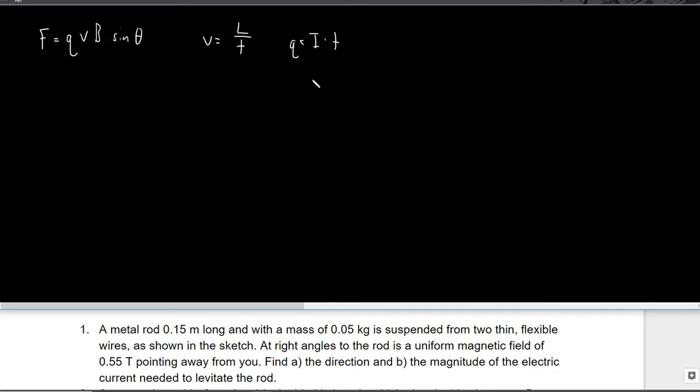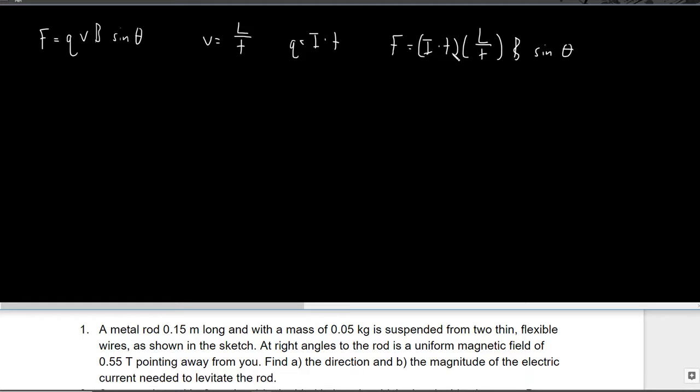So Q is equal to current times time. If I now replace these things in here, I now have force is equal to Q, which we've replaced with current times time, I'll even pop that in parentheses, velocity we're replacing with length of the wire divided by time. B, we won't replace anything with, same thing with sine of theta relative to the magnetic field.